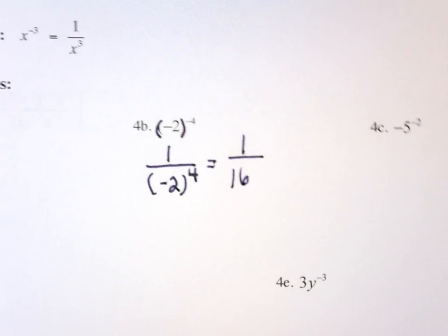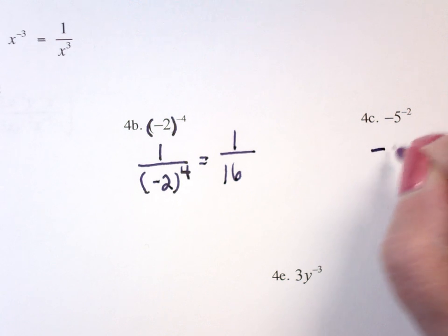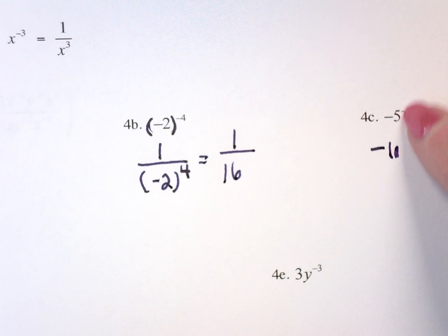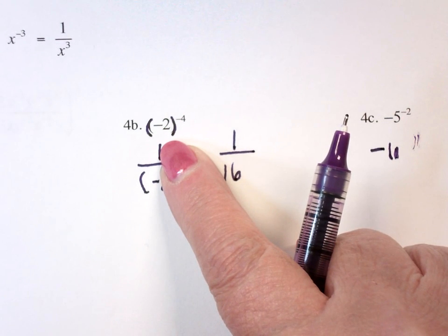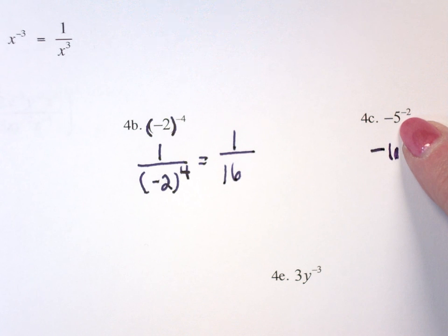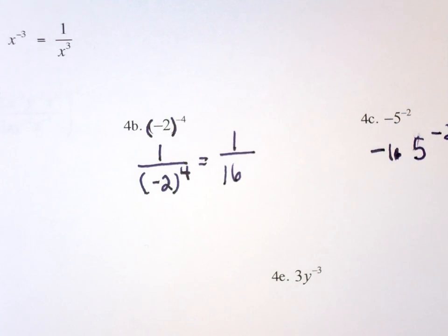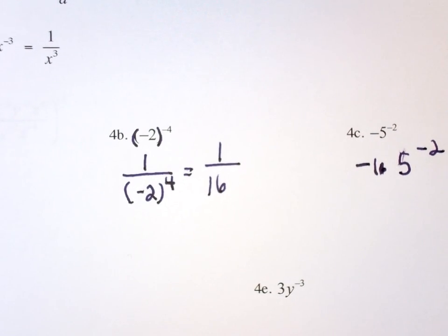This is another one of those tricky ones. This says take the opposite of, because there's no set of parentheses around the negative 5 like it is around that negative 2. 5 is on his own. So take the opposite of 5 to the negative 2. No parentheses. So the negative is not attached to the 5.